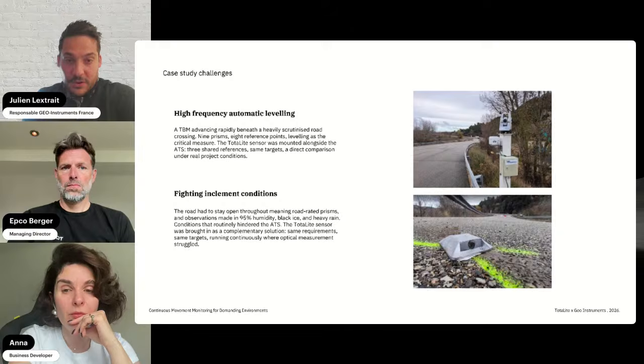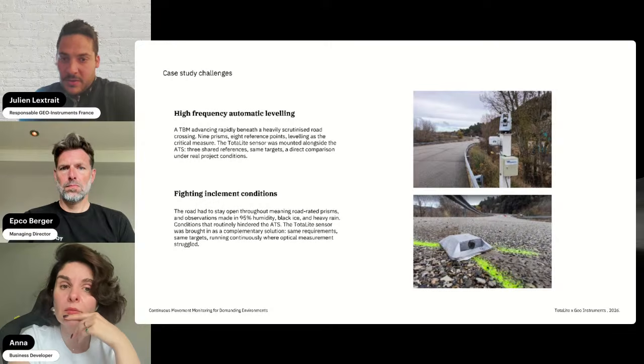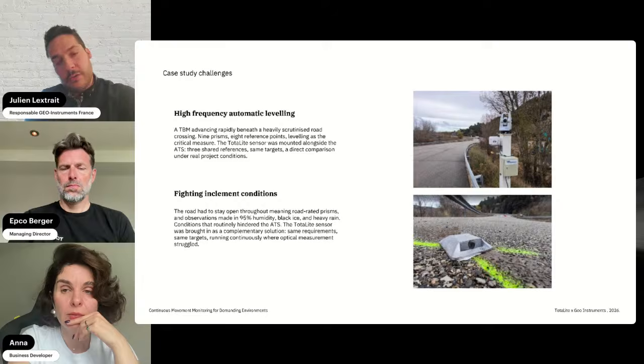On the road, which we see in the top left picture, we deployed 9 road monitoring prisms, and those were shot by the total station, as well as 8 references installed throughout the site in very stable positions. It took us roughly a day to deploy the total station, the monitoring equipment, the energy supply, the data logging side of things, and the telemetry to transmit the data and record the positions.